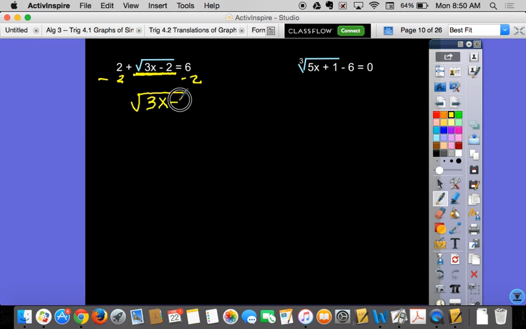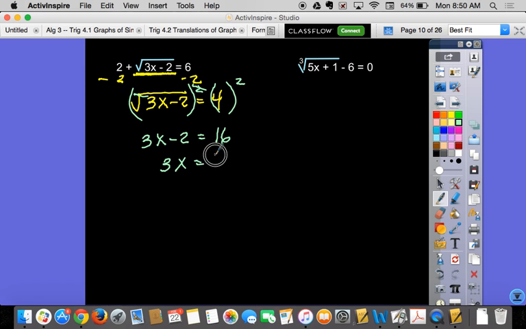So if you move the 2, we're right back where we were before. So I've got my radical by itself. It is a square root, so I square both sides. And the square and the square root cancel. I get what's underneath. 4 squared is 16. You just got a traditional equation at that time. Move the 2 over, divide by 3, x is 6.